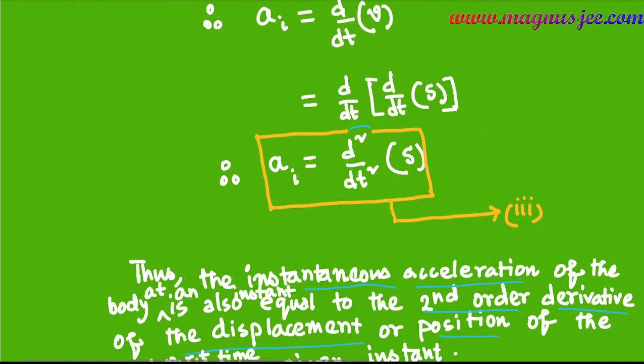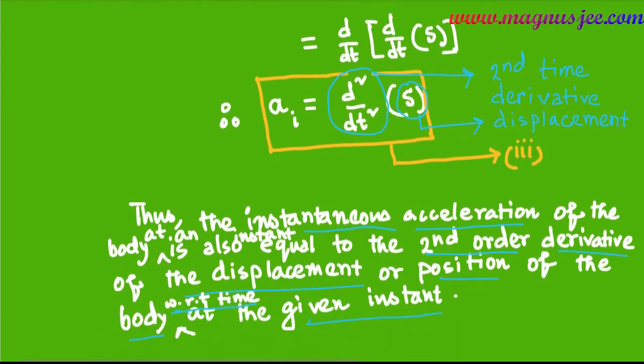So we get AI equal d square by dt square, means second time derivative of the displacement or position of the body.